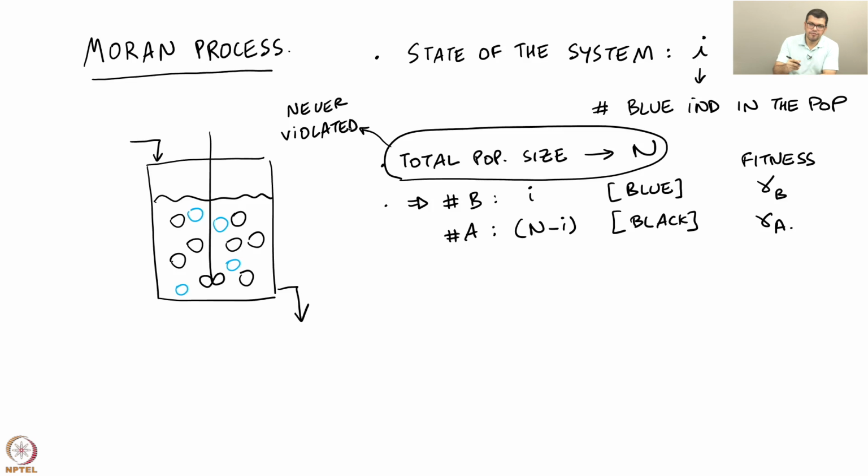So, if at any instant of time I were to take a snapshot of this chemostat and count the number of individuals present in this chemostat, the number would always be equal to n. It never deviates.